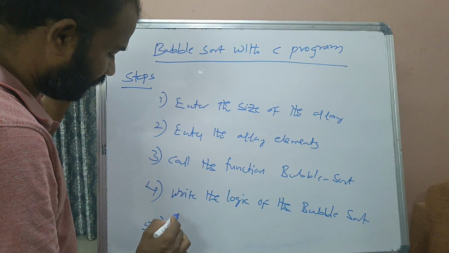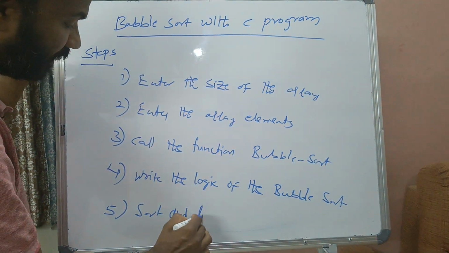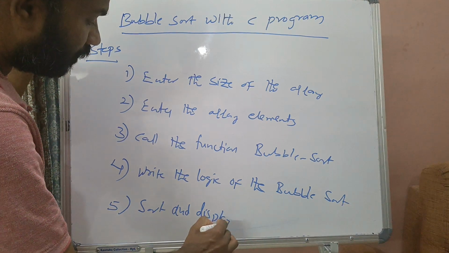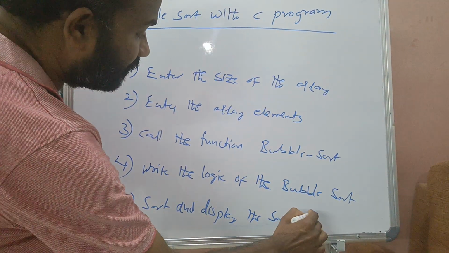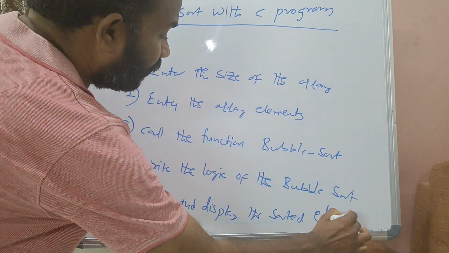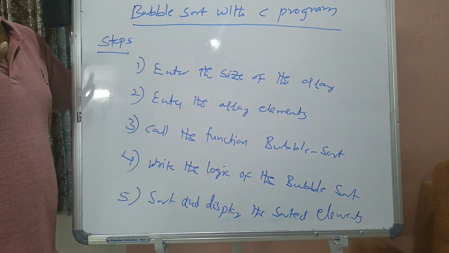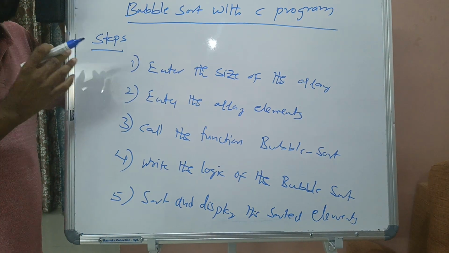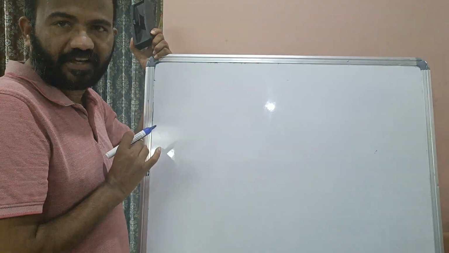Finally, sort and display the elements, that is, the sorted elements. So these are the 5 steps we need to implement in the C program. Now we have to implement those 5 steps.